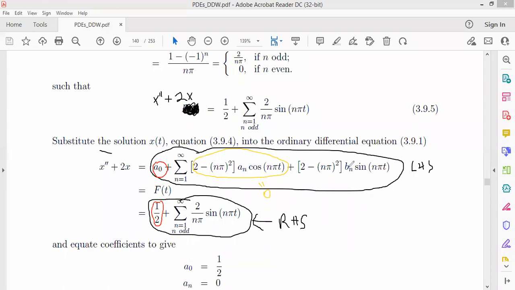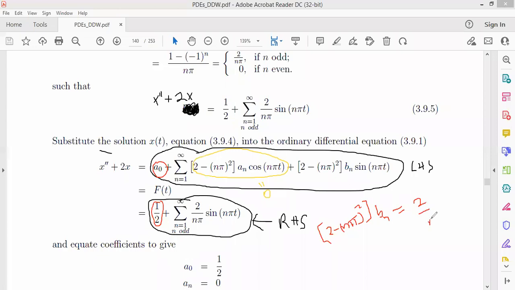We have this bn over that. We have 2 minus n pi, and this whole thing is squared. Is that okay? And the whole thing is bn. We are saying that this one will be equal to 2 over n pi.